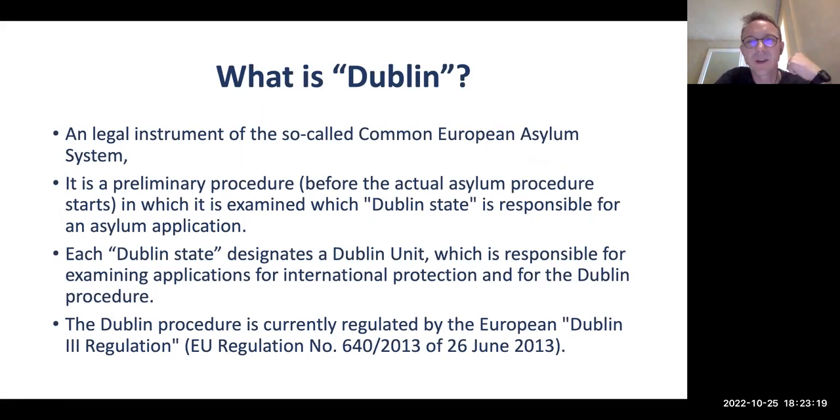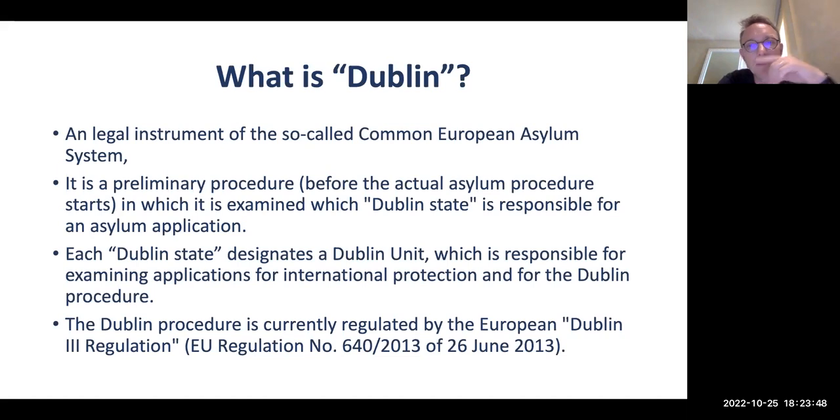So before actually going into the asylum procedure, before it really starts, the Dublin states will check whether the Dublin state, the country in which a person asks for asylum, is basically also the country responsible for the asylum application.